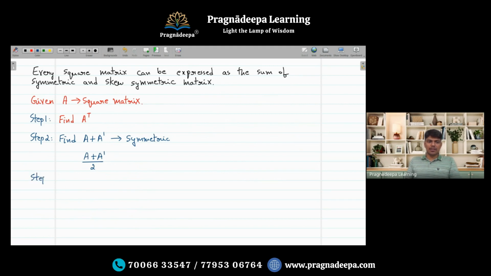Next step 3. In step 3, find A minus A dash. Please be aware of the symbol. It must be A minus A dash, not A dash minus A. A dash minus A will also be skew-symmetric, but our answer will not be A. Okay, it is definitely a skew-symmetric matrix. And then we find A minus A dash by 2.